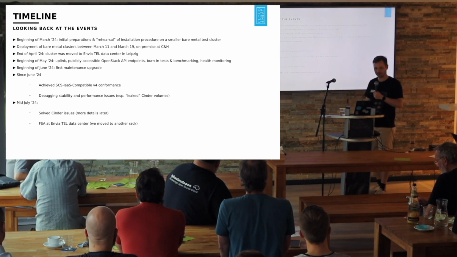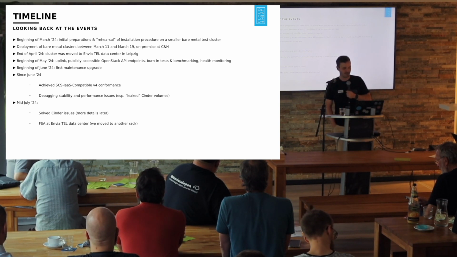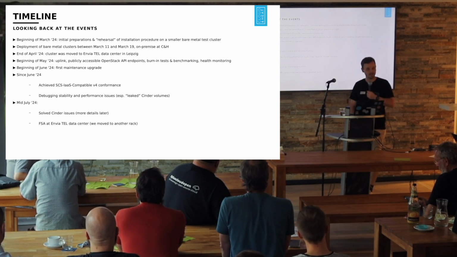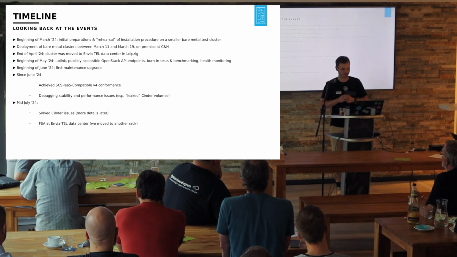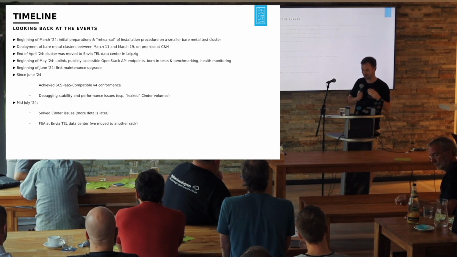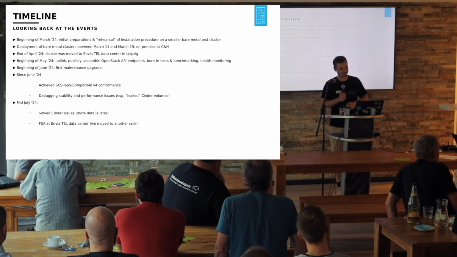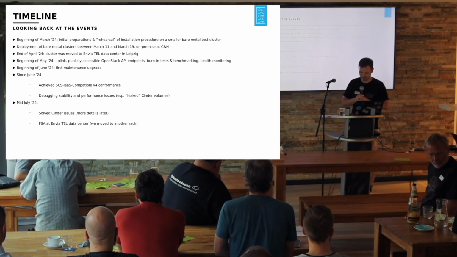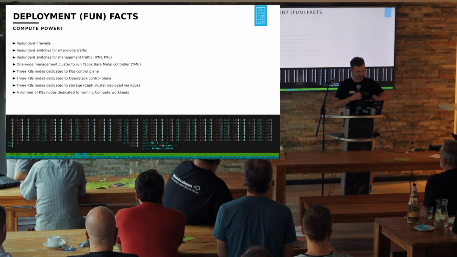We solved them, so that's already known, and it's a good thing. And the last thing was that we had a field service action at the data center in Leipzig because we had to move to a bigger rack. So we could practice all this shutting down and getting up the cluster again another time, but it worked out pretty well. So now we have a happy and functioning cluster.